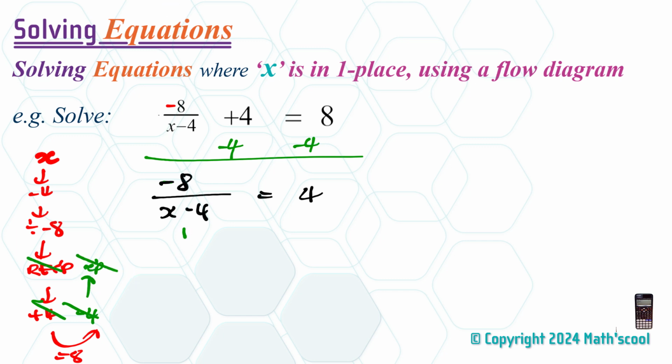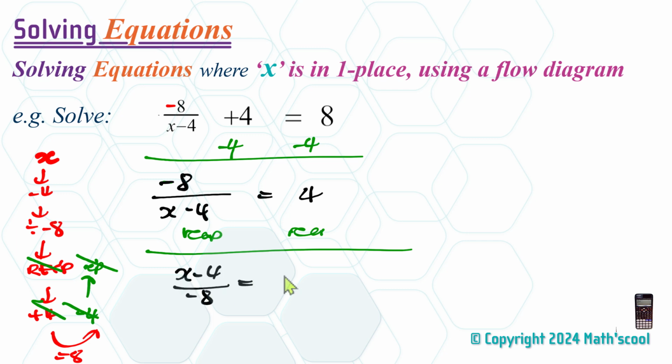And we're going to write recip and recip. And so that's going to give us x minus 4 over minus 8 equals 1 over 4. And then opposite of divide by minus 8 is times by minus 8. So we're going to times by minus 8. Times by minus 8, that's going to cancel that out.